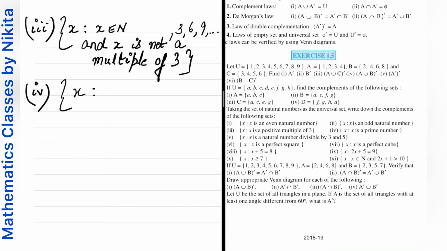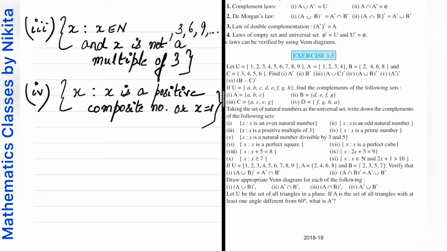So therefore इसका कॉम्प्लीमेंट क्या हो जाएगा? All those x such that x is not a prime number, that is the complement. Now x is not a prime number means x is a composite number. So x is a positive composite number or x is equal to 1.